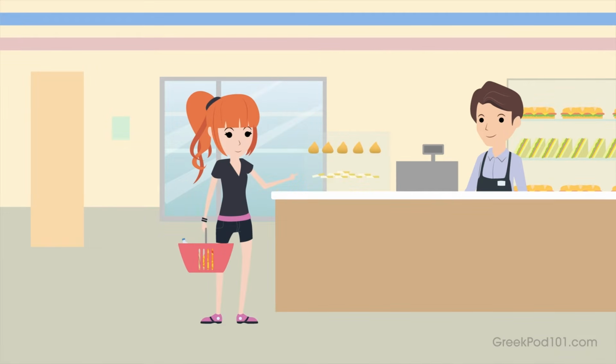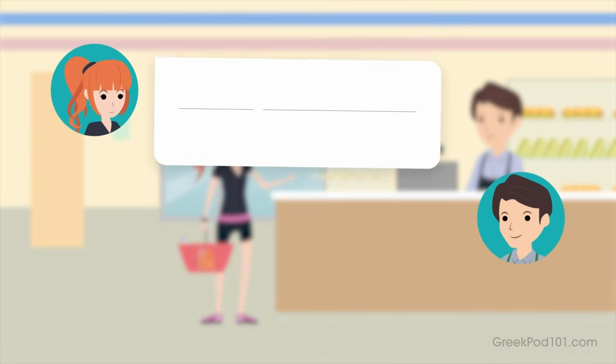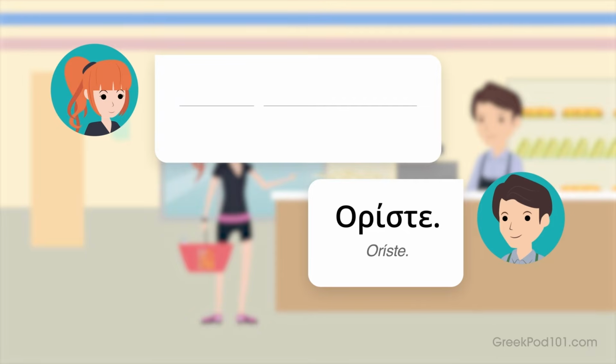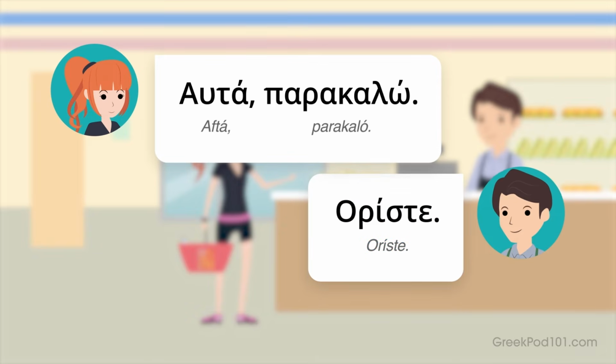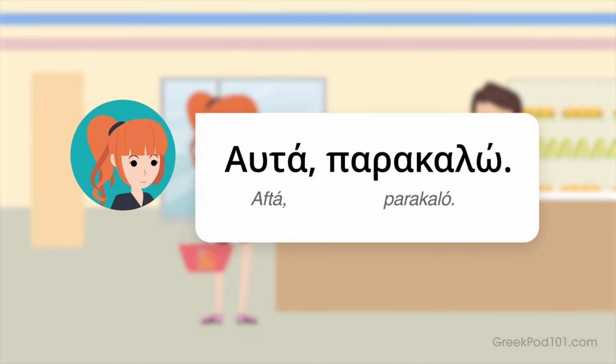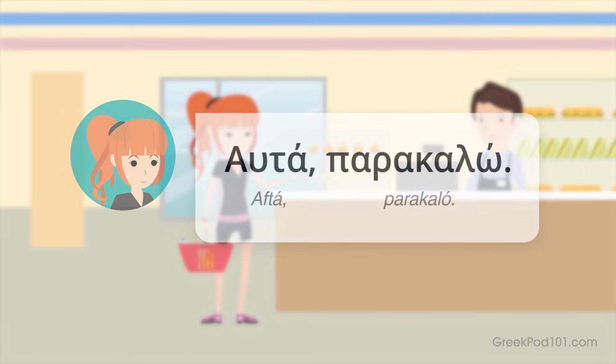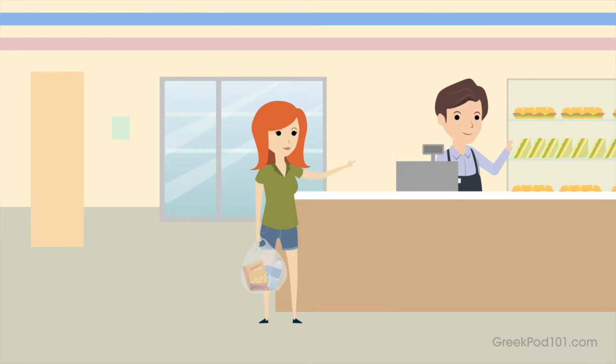Let's try another. Imagine you're Sasha, and you see some small snacks you'd like to try. Ask for these. Ready? Αυτά παρακαλώ. Ορίστε. Listen again and repeat. Αυτά παρακαλώ. Let's try one more.